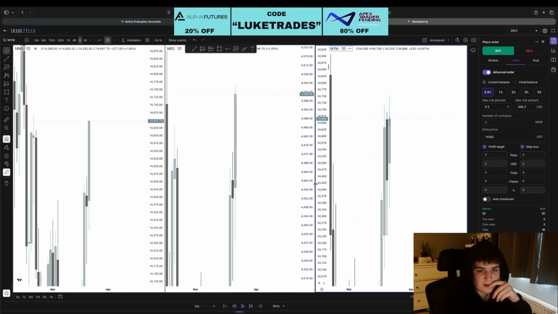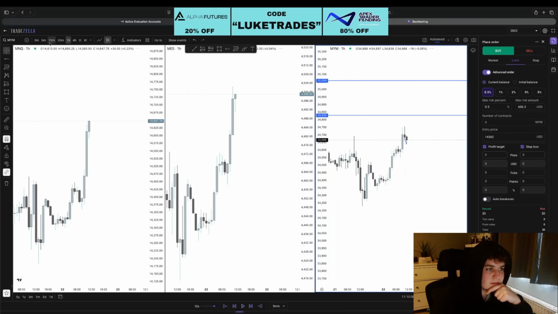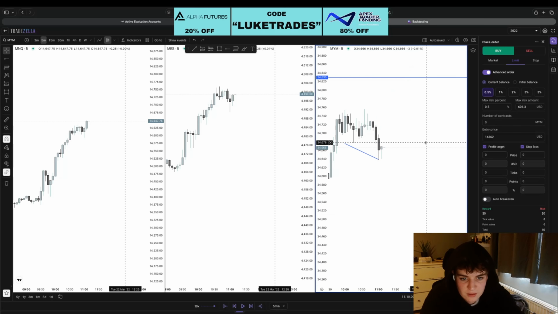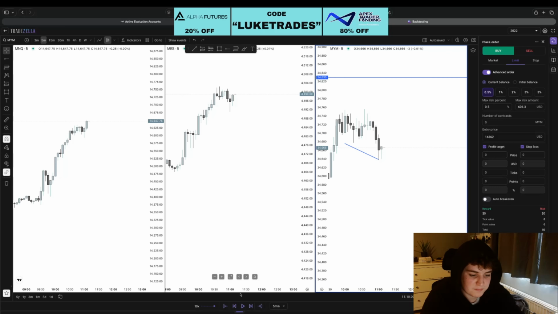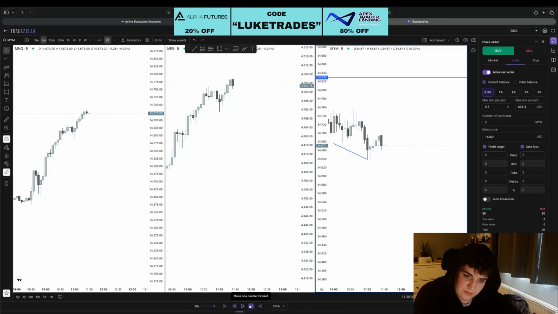What have we even got to target? I guess you're just going to target this. And you've also got this volume imbalance here. Let's see if the Dow provides once we get a candle closure above this level here. That would also be an inverse.